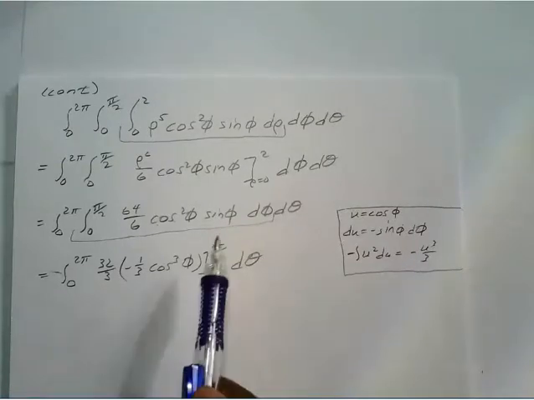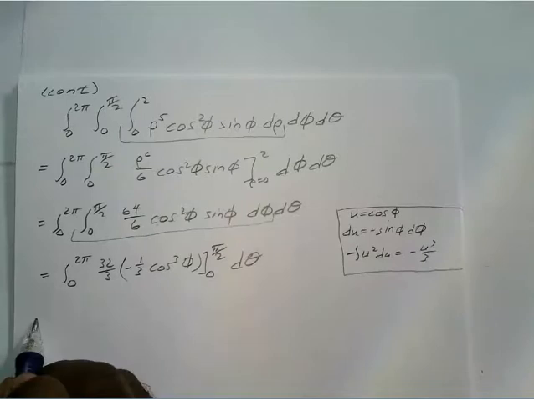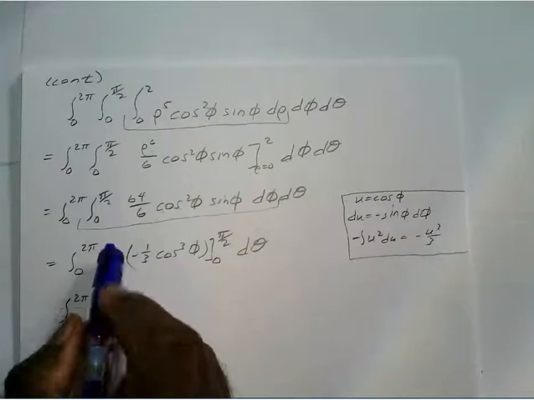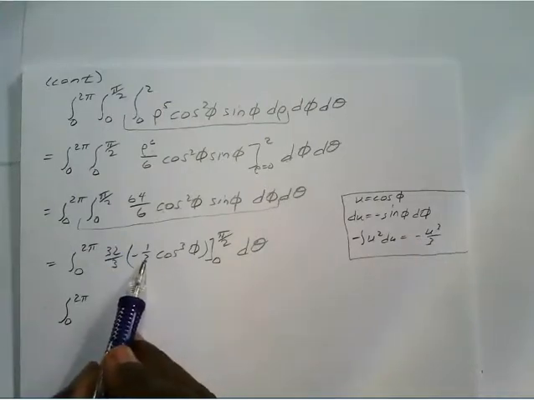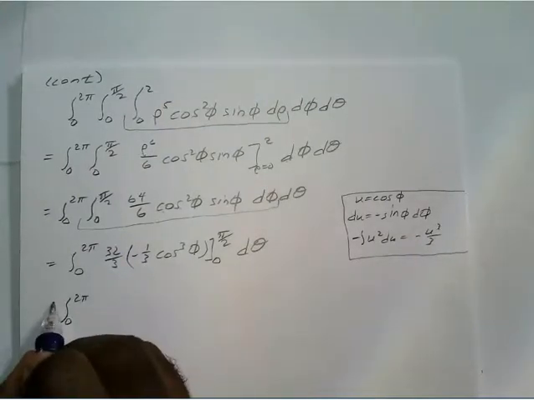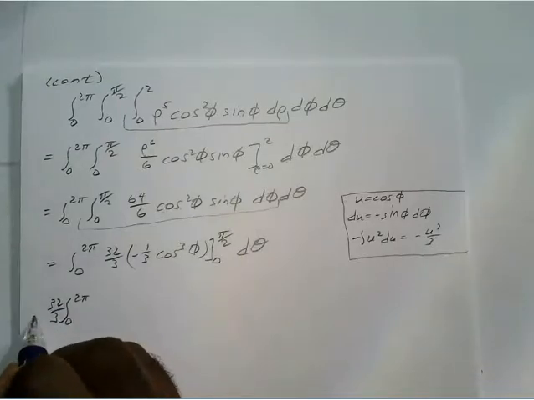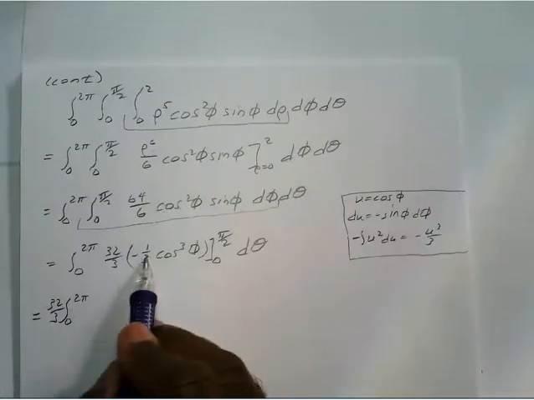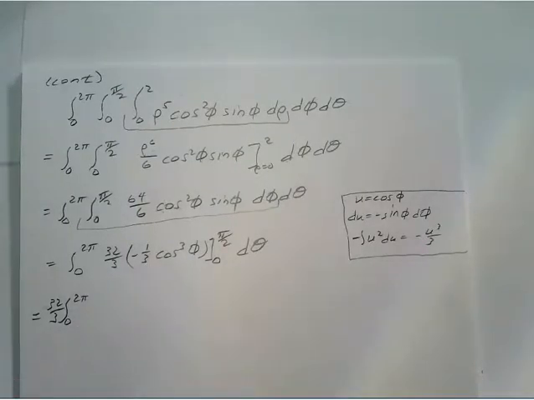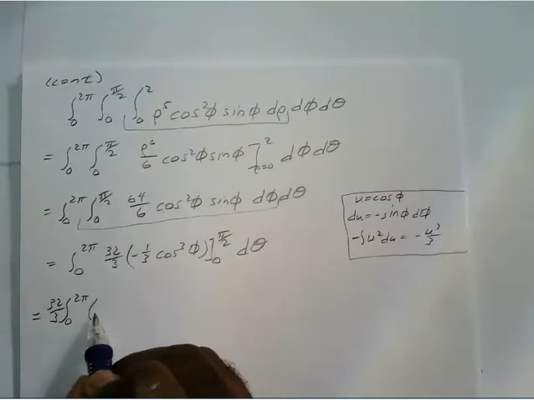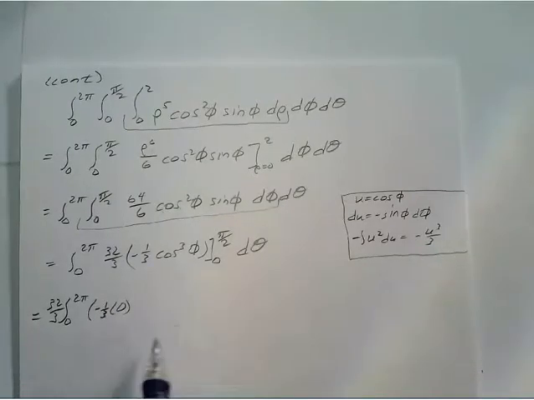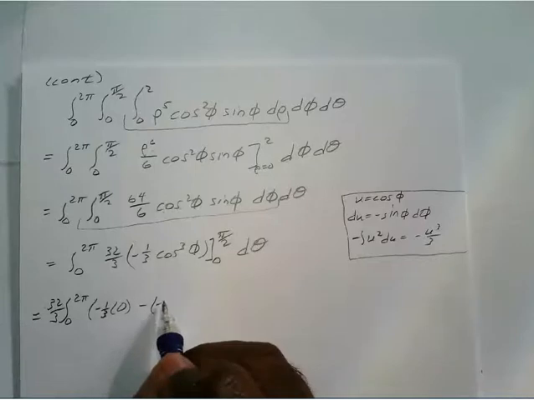Okay. So, from 0 to 2 pi, and I'm just going to leave the 32 over 3 there. If we plug in pi over 2, we get cosine of pi over 2 is 0. So that's just 0 to the 3rd power. So we have negative 1/3 times 0 minus negative 1/3.